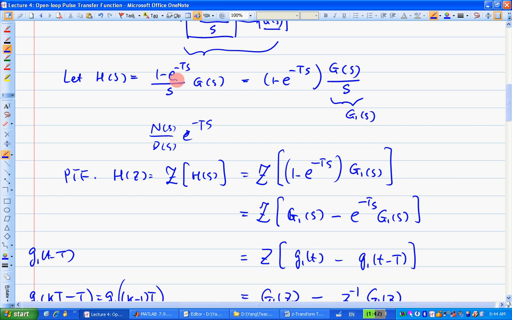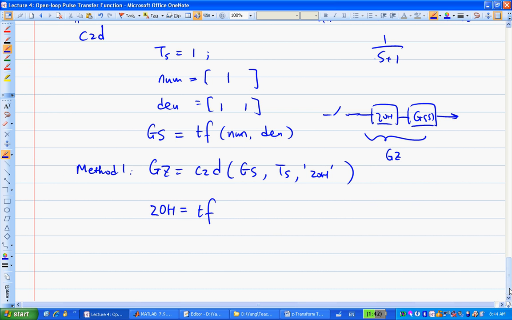The only question is, in MATLAB you can't express a numerator here, right? Actually, you can express a numerator. What you do is use symbolic things to do that. Basically, you can use a TF.